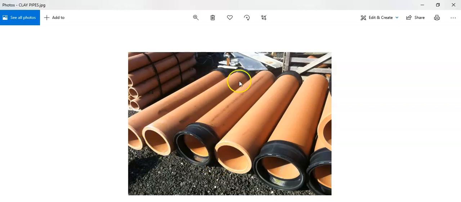These pipes come in straight lengths, and we use this thing here, called a collar, to connect one into another. As I said, these types of pipes are not used very often in the UK, maybe in other countries at the moment. I am not sure about that.